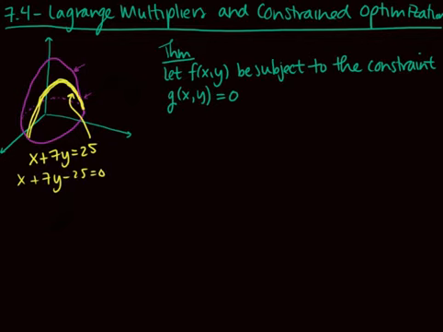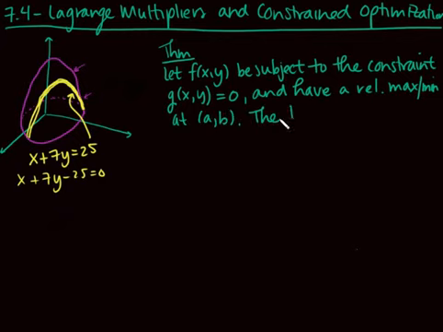Okay, so let f of x, y be subject to this constraint, g of x, y equal to 0, and have a relative max or min at (a, b). Then there exists a lambda.